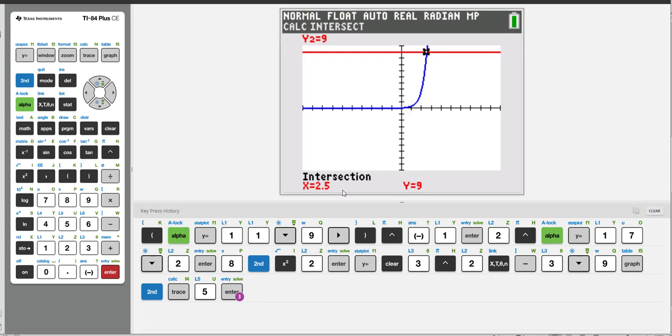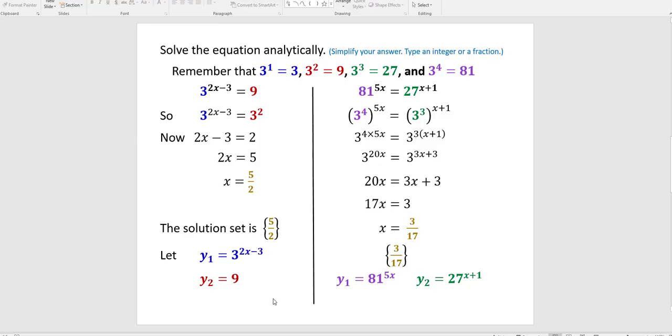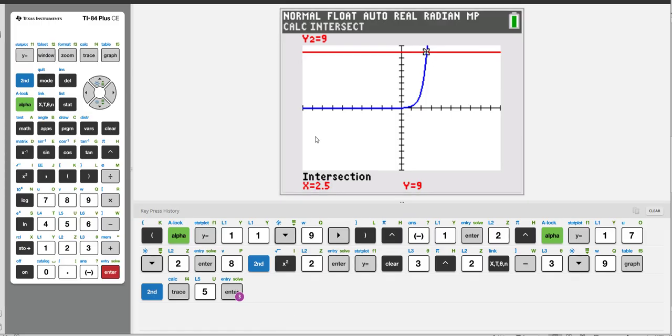This is a decimal. The problem as stated requires an integer or fractional answer. A decimal answer violates this stated requirement, so a decimal answer cannot be used. This answer must be converted to a fraction.